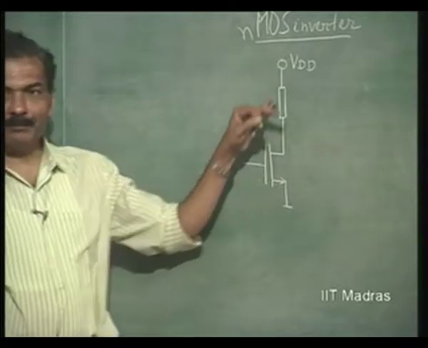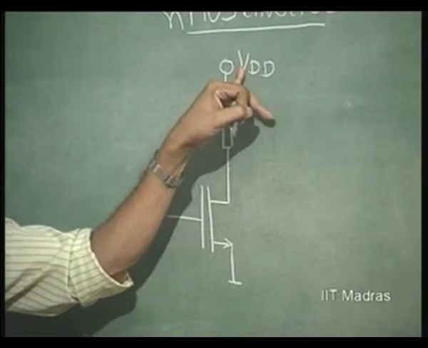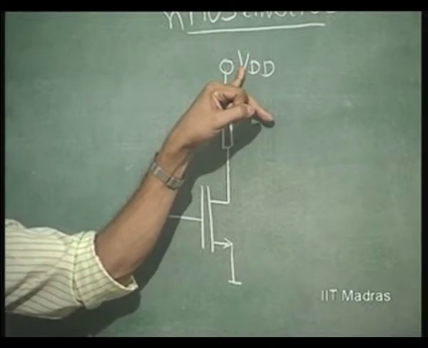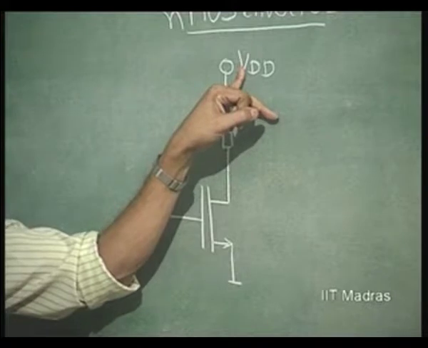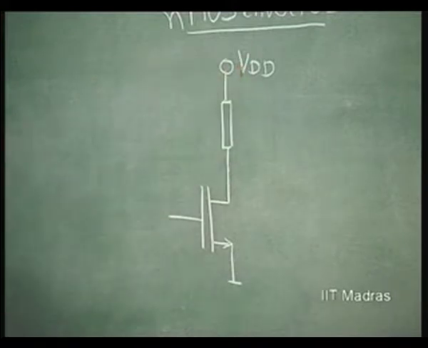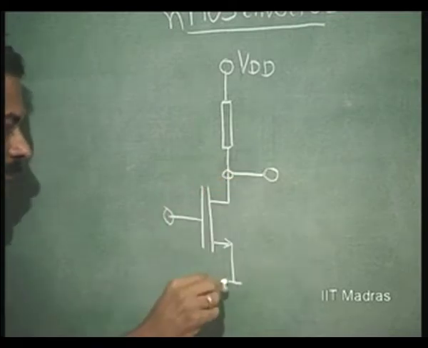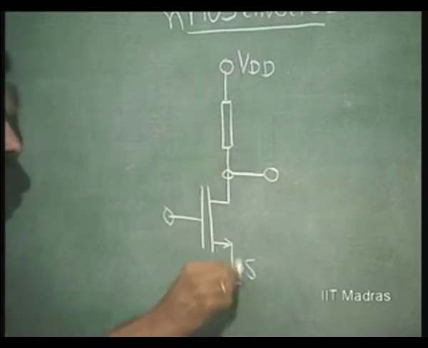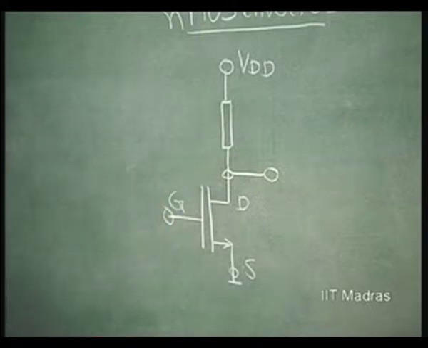Just as we have been calling this voltage VCC in the case of bipolar, because this is for biasing the collector base junction, we will call this VDD because we are connecting it to the drain. So, this is a single supply inverter. Now, consider this simple circuit.